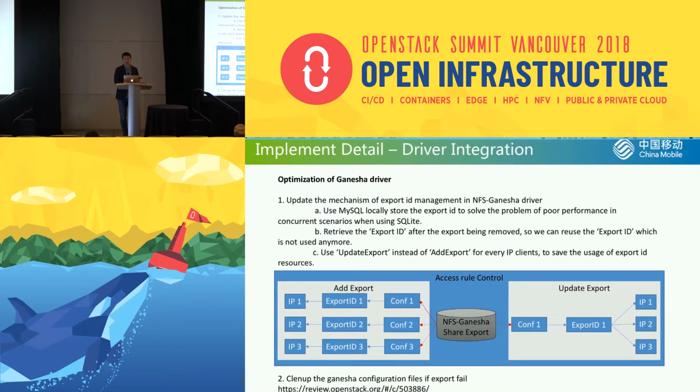When we want to assign an export ID for a shared export, we should first log into the remote Ganesha server and then execute SQLite commands. This is very inefficient and unreliable. In our test, when 100 concurrent create requests come, only 30 requests may be successful.